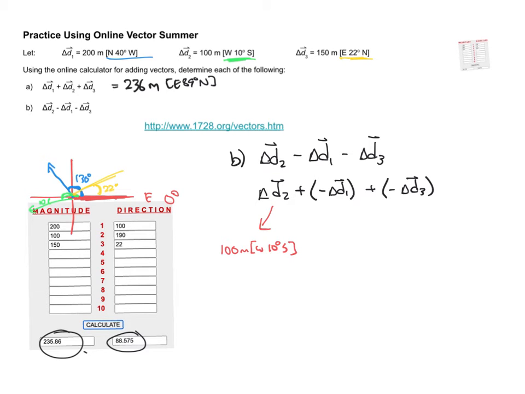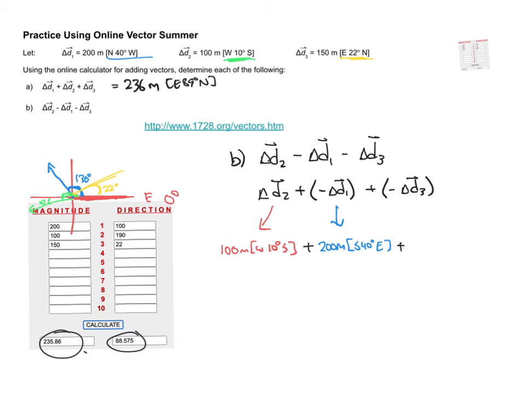However, the second one, I'll go with blue, is negative D1. So it's still going to be 200 meters for the magnitude, but the direction, switch north to south, switch west to east, and now I have it in the opposite direction.